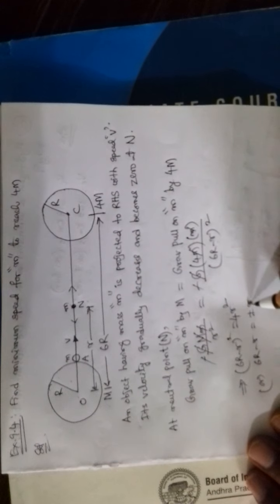Here 4 is there, 4 is left here, so this into this is equal to this into this, 4r square. So here we should write plus r minus 2r, plus r minus 2r. So 6r minus r is equal to, let us take plus sign.